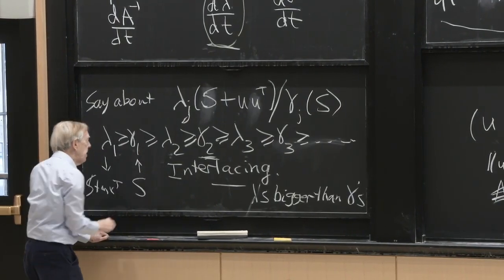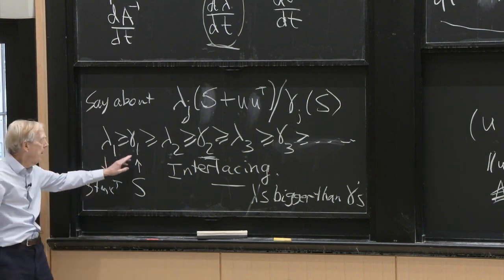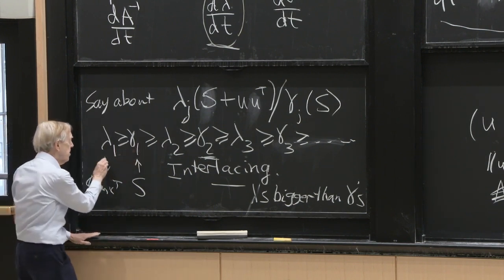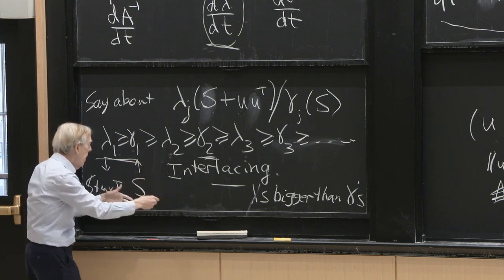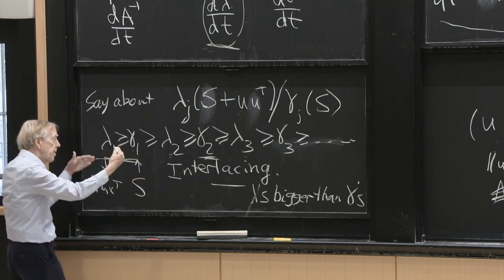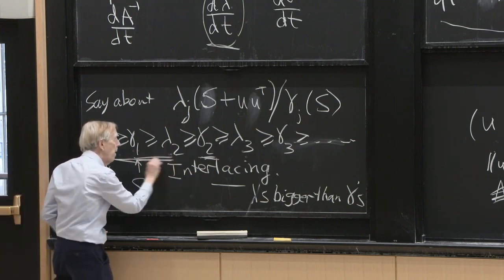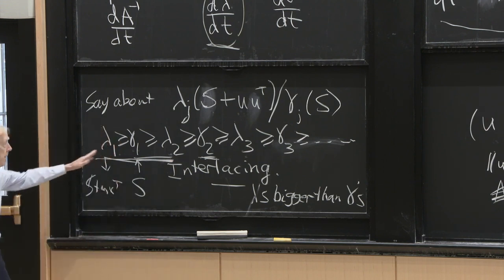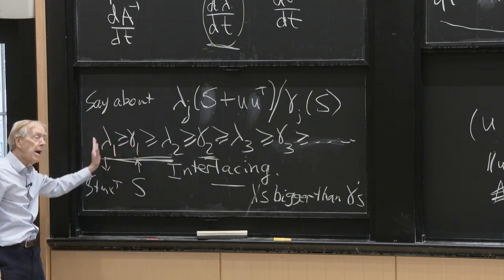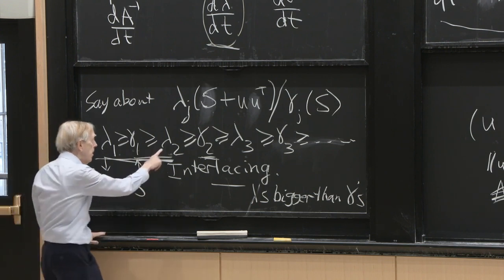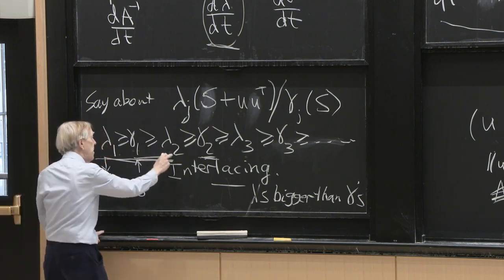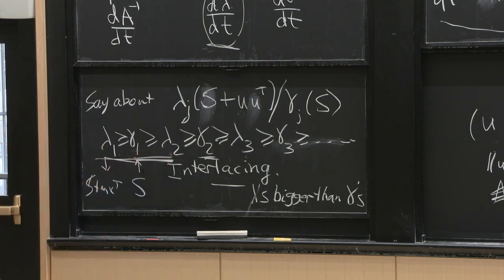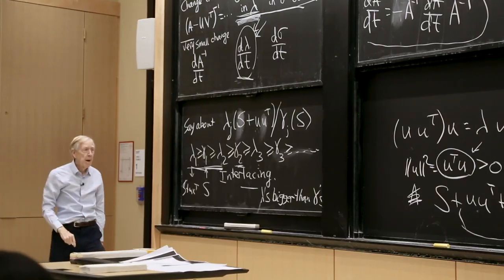Gamma 1 was bigger than lambda 2. That was the point here. So this was sort of easy because I'm adding stuff. I expected the lambdas to go up. This is where the theorem is: lambda 2 went up, but it didn't pass up gamma 1.